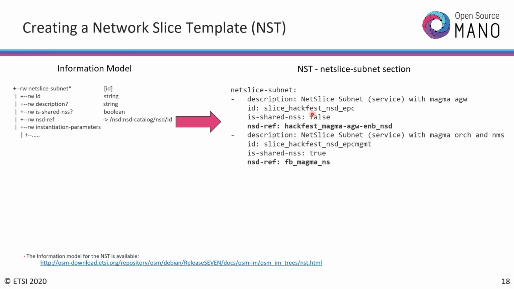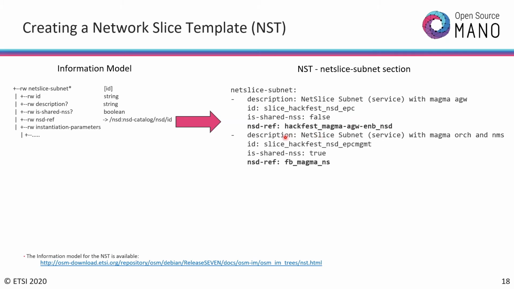The second big block for the slice template modeling is the network slice subnet. As you can see here, we want to include our two network services. So we create two network slice subnets, one for the orchestrator and a second one for the gateway.